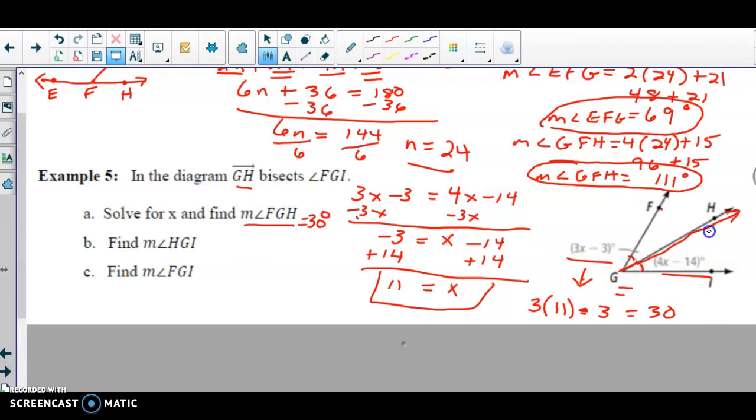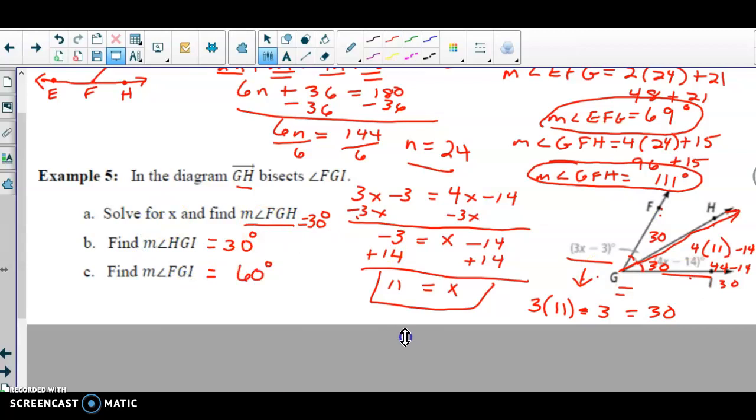How about HGI? HGI would be 4 times 11 minus 14. 4 times 11 is 44, minus 14 is 30. And that makes sense because the two of those should be the same amount. Now, if this is 30 degrees and this one's 30 degrees, then how big is FGI? FGI would have to be 60 degrees.